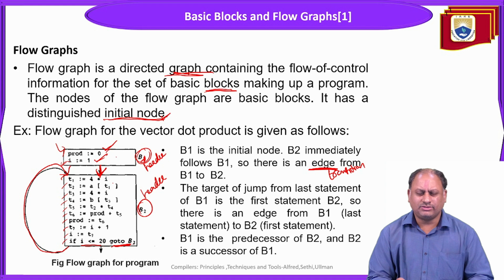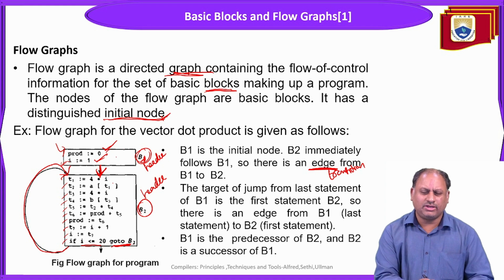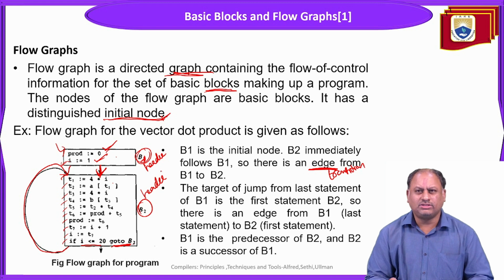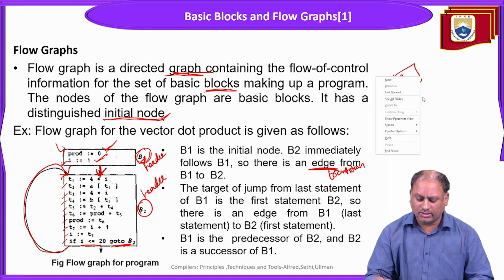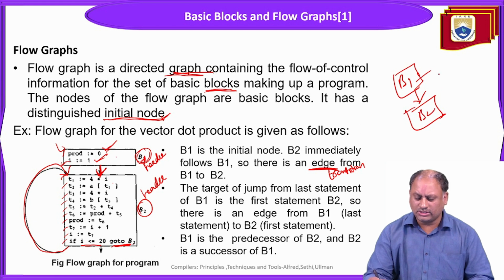The last statement of B1 is given with one box representation, and B2 with another box representation. If I write B1 with one block of statements, a transition, and B2 with another block of statements, then B1 is considered the predecessor, because it is the starting initial node, and whichever follows is called the successor node.